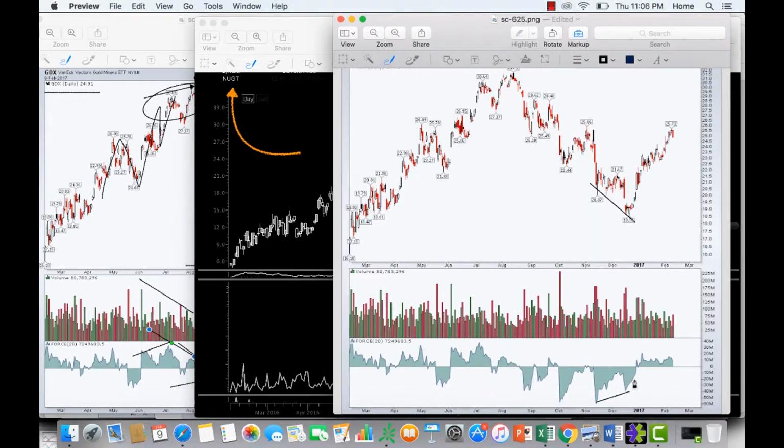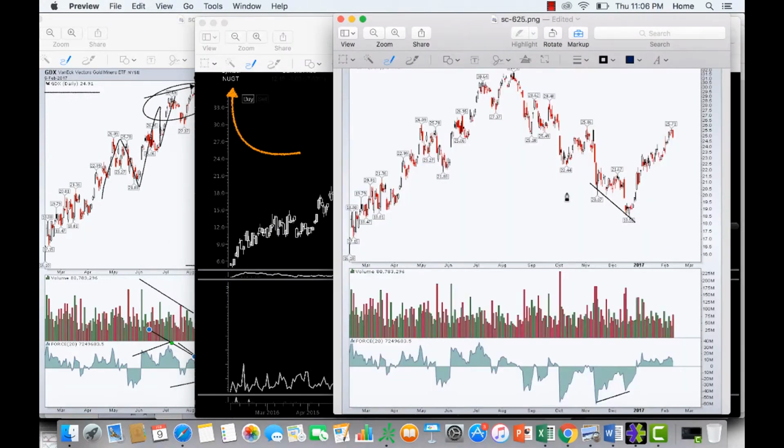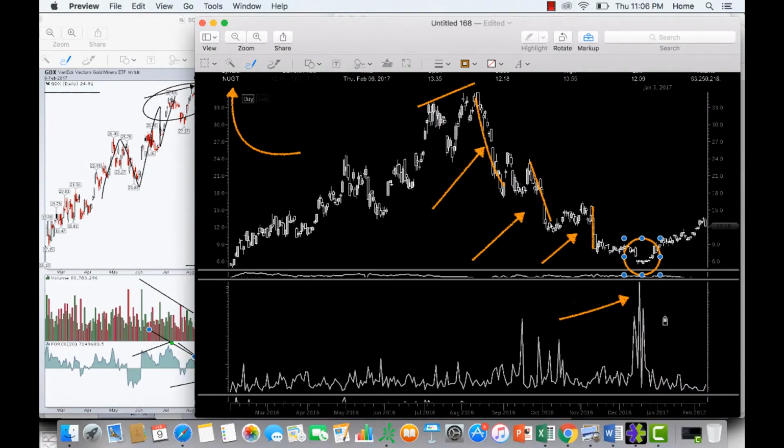That I really like. But when you couple it with knowing that right here, December, as the force index is diverging, I'm also having this indicator spike, okay?